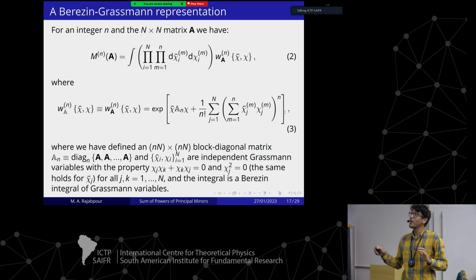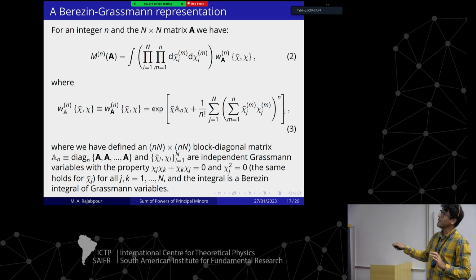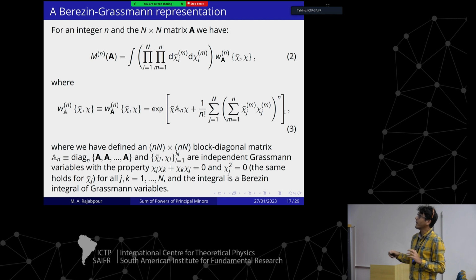non-integer real ones. But for integer n, what I need is n copies of my matrix, all right? So they are sitting just here, and then they are coupled with these interactions in a particular way here.